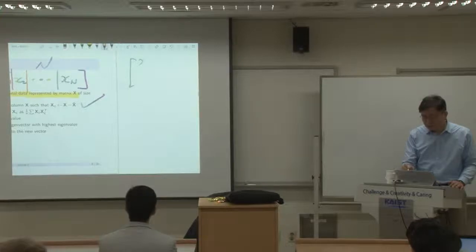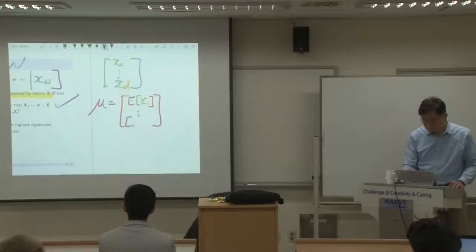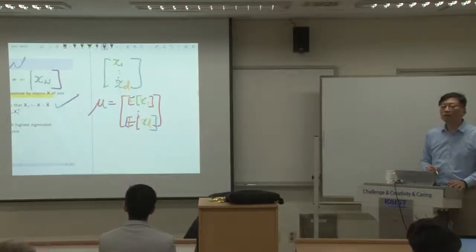So I have data x1 through xd, and the mean, often represented by mu, is the expected value of each of the dimensions.